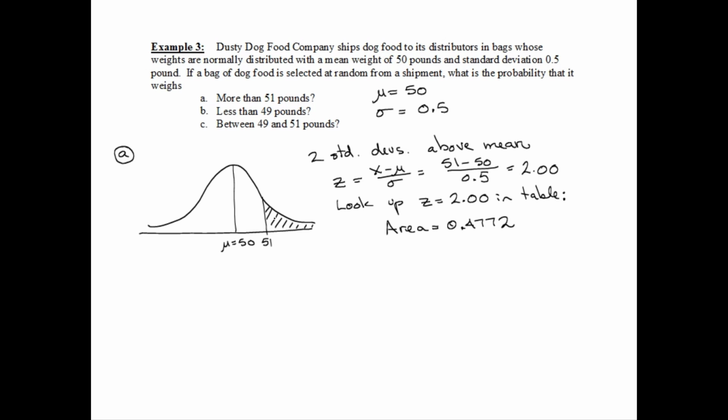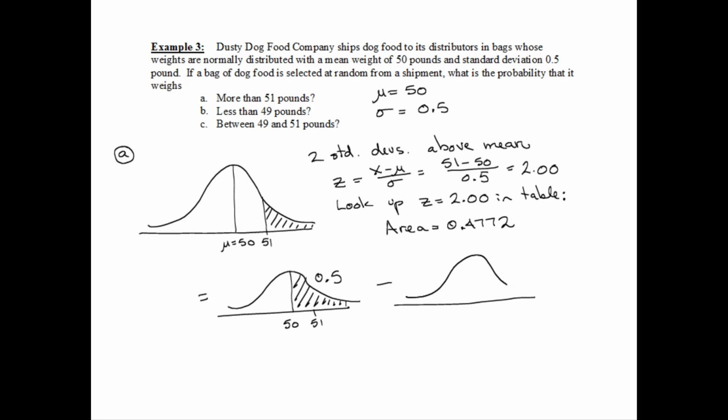What we would need to do is this: the area that we want is going to be equal to, we don't have areas of that shape in our table, but we know that this will be 0.5, and then from there we can look up the area that we just looked up in the table would be this area.